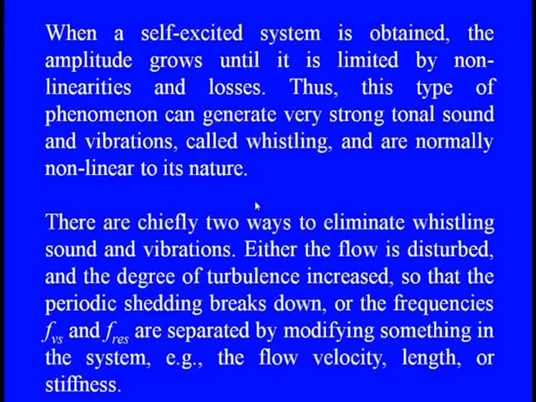And how can we correlate that? Because if things come through self-excitation, sometimes it can lead the system towards an unstable feature also. So when this self-excited system is obtained, the amplitude certainly grows until it approaches the nonlinearities and the losses.